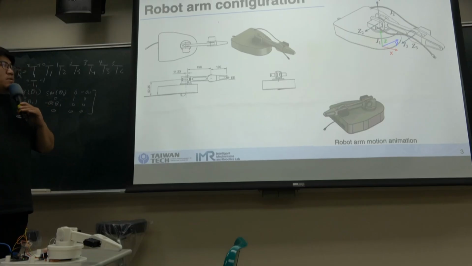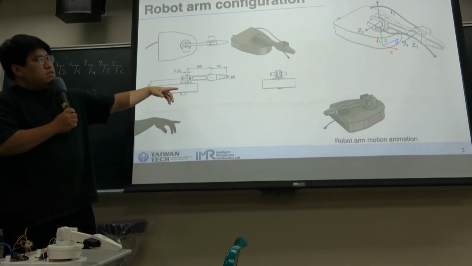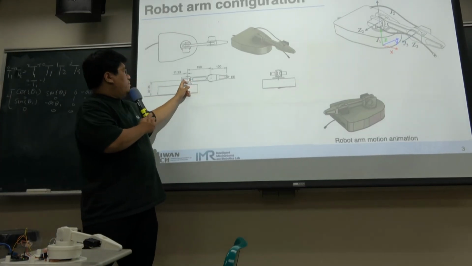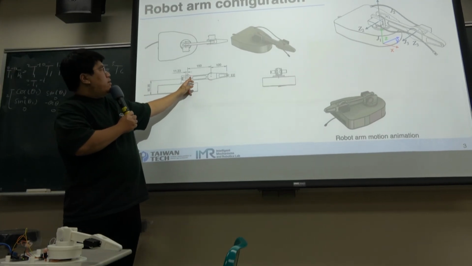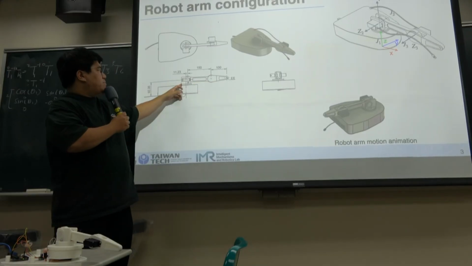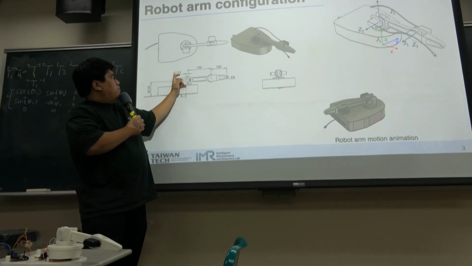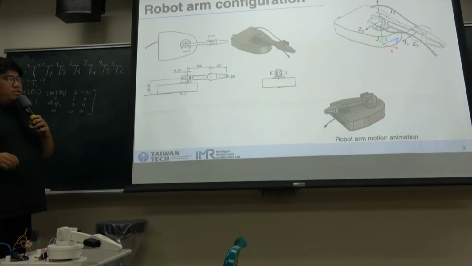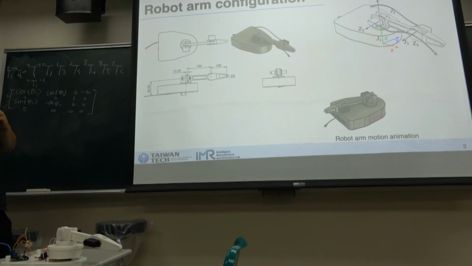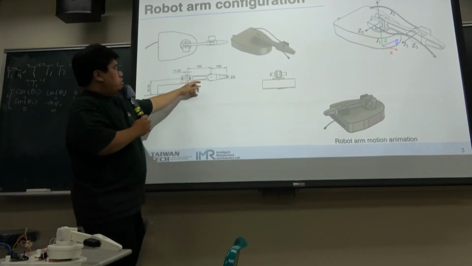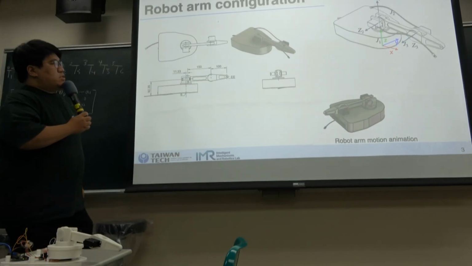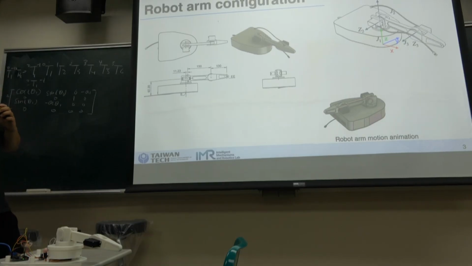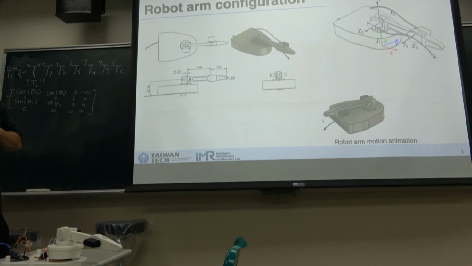The second axis is right above the first axis, and a little bit offset to the right, to my left, by 11.23 millimeters. And then the third joint has the same orientation as the second one, and its distance is 150. And then the end effector is another 100 millimeters.